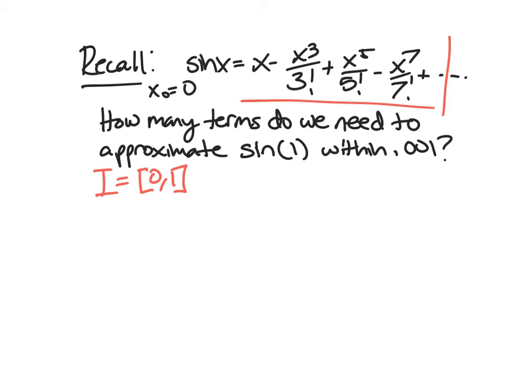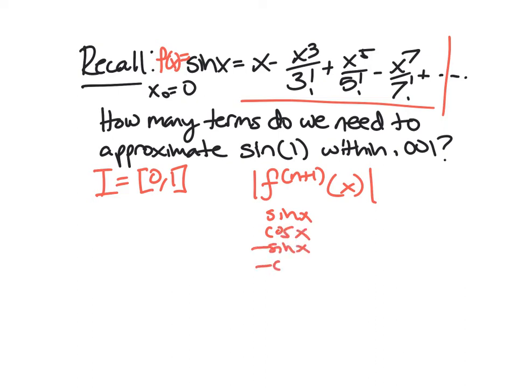Okay, so then we get our K n plus 1 by bounding the n plus 1th derivative, right? So call this f of x up here. So the n plus 1th derivative of f on this interval. And in general, what do these derivatives look like? Well, it's always either we go sine to cosine to negative sine to negative cosine and then back around, right?